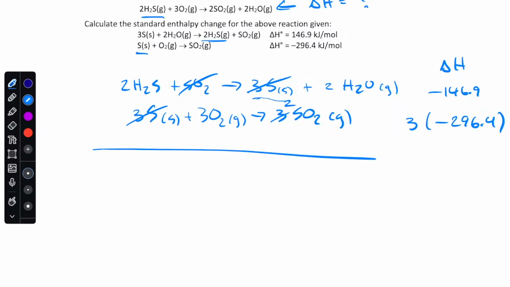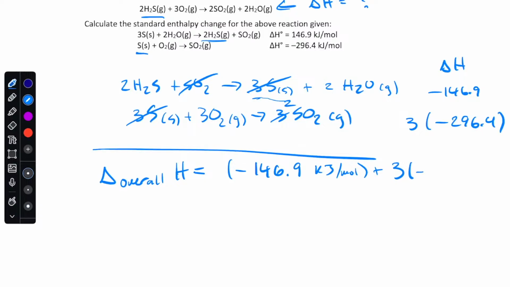So our delta H for that overall is going to be equal to minus 146.9 kilojoules per mole plus 3 times negative 296.4 kilojoules per mole. And if you add all those up, you should get the number negative 1036.1 kilojoules per mole.